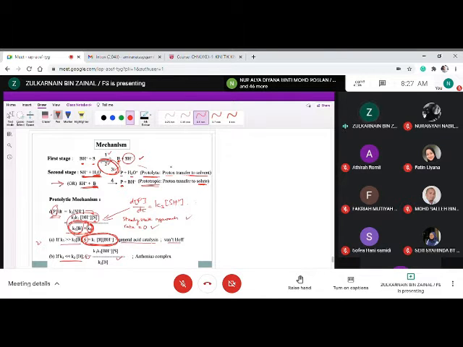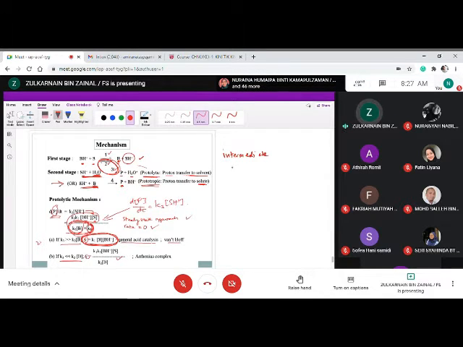Okay, and the other thing that you should also identify is what is the intermediate in this case, because it is important to identify the intermediate so that from there we are able to derive the rate of the reaction based on the mechanism given, right?